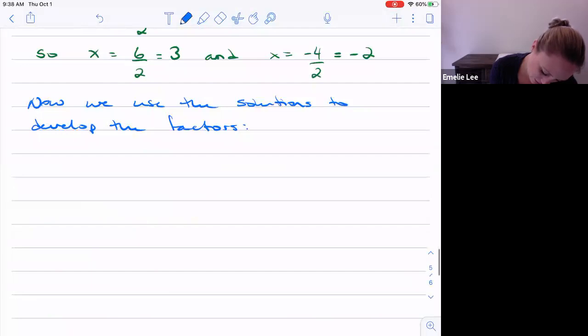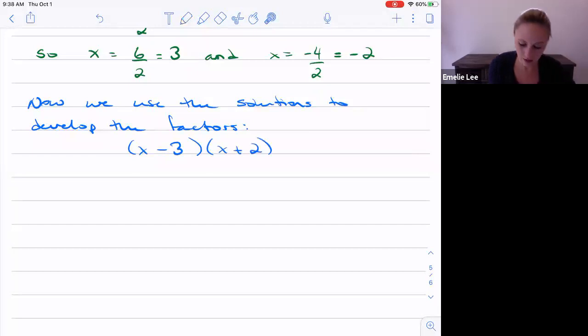So we have x minus 3 times x plus 2. Notice if I put in x equals 3 here, 3 minus 3 makes 0, so this whole thing goes to 0, which is a solution, which is what it has to be. And same thing with the negative 2. If I plug in negative 2 here, negative 2 plus 2 is 0, so again, this whole thing goes to 0, and so they are solutions.